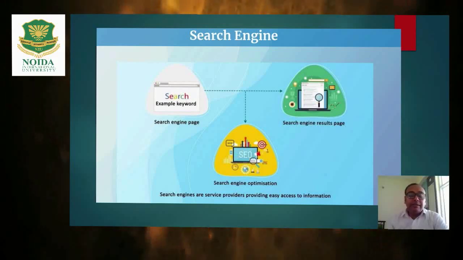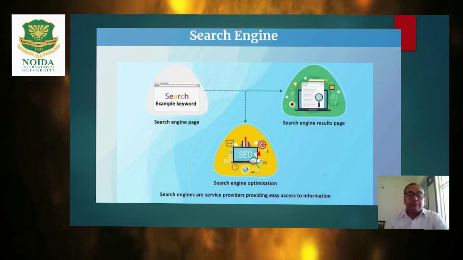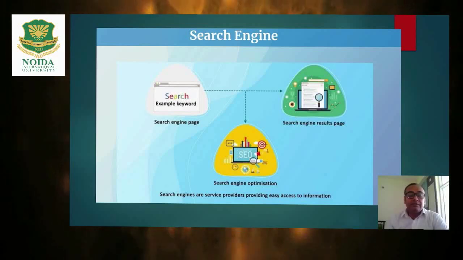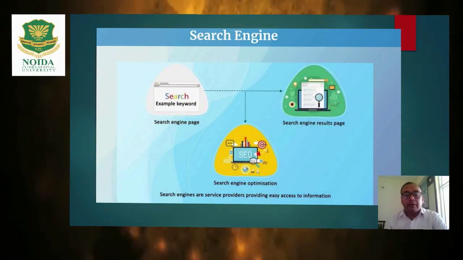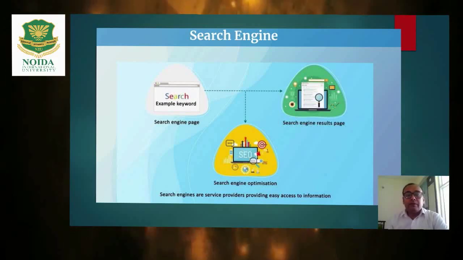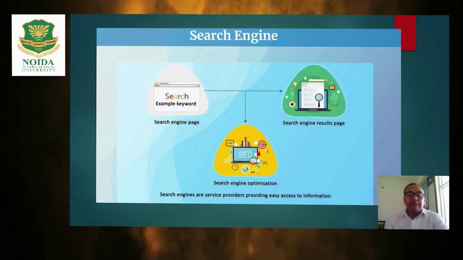And in between the search engine and finding information is the thing we are going to learn further in the course, which is search engine optimization. I told you a little bit in short that search engine optimization is how you optimize your results according to the needs of the customer.